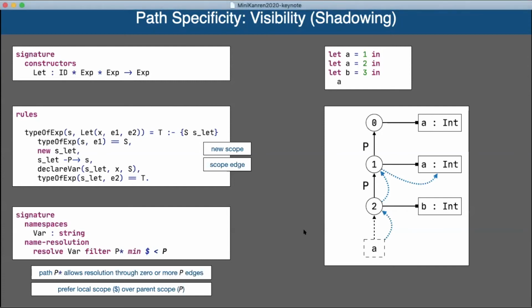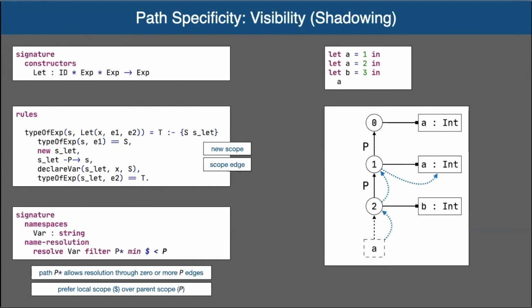So what we do add to define lexical scoping is this path specificity notion, or the visibility notion, that says, well, there are multiple paths from this reference, right? So from this reference we can reach this declaration, but also this declaration. But using this path specificity order, we can filter those paths, and in this case say, well, we prefer a path, basically a shorter path over a longer path.